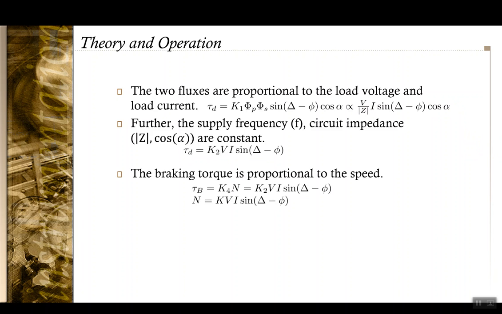And we have the braking torque being proportional to the speed of rotation. So braking torque can be written as some k times n, where n is the number of rotations per unit time, from which n is proportional to Vi sine of delta minus phi.